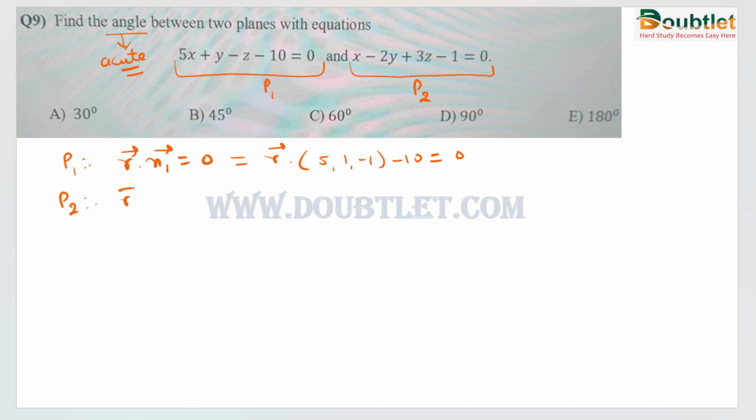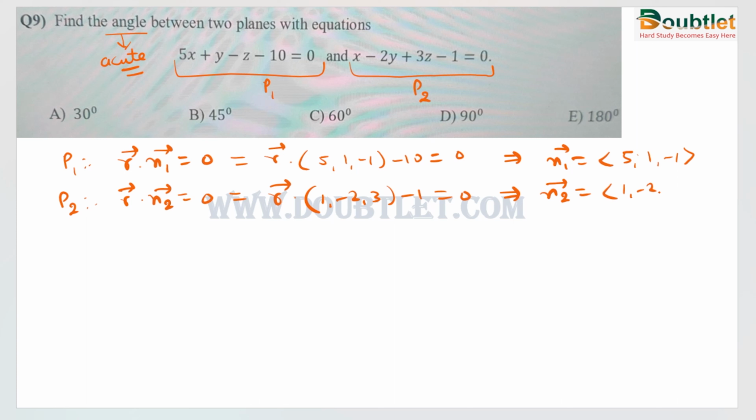For P2, we can write this as r dot n2 minus 1 is equal to 0, that is r dot (1, minus 2, 3) minus 1 is equal to 0. So from this equation, n1 vector is (5, 1, minus 1), and from this equation the value of n2 is (1, minus 2, 3).